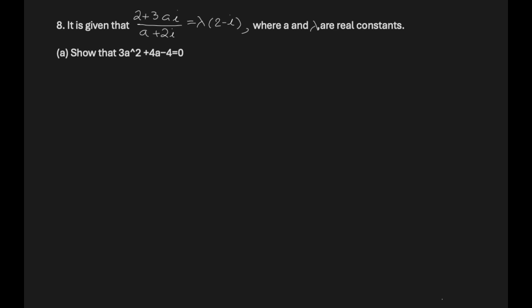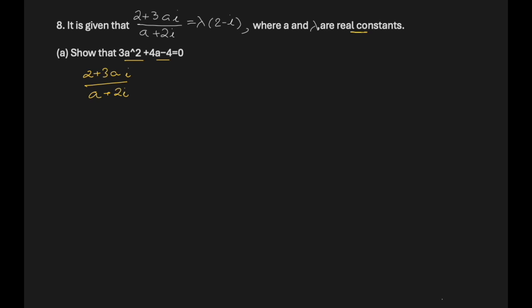It is given that (2 + 3ai)/(a + 2i) = λ(2 − i), where λ and a are real constants. Okay, so this equation is valid. So 2 plus 3ai over a plus 2i.